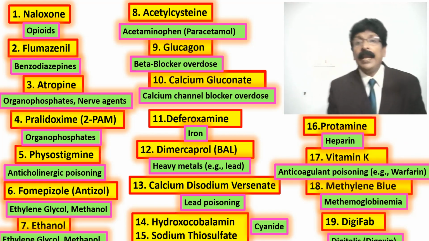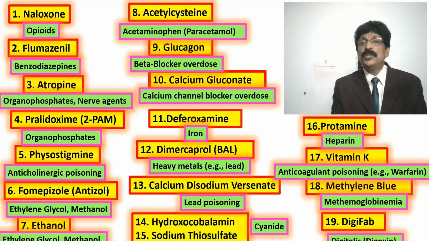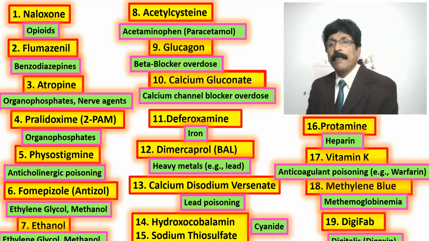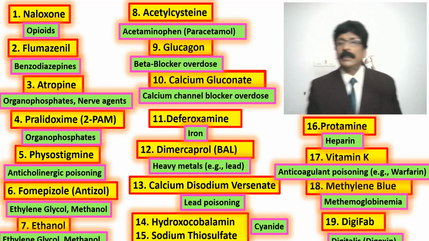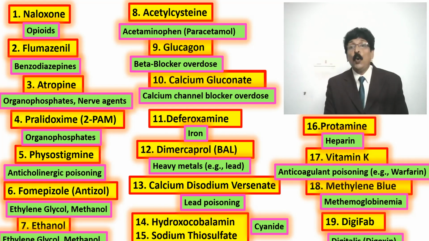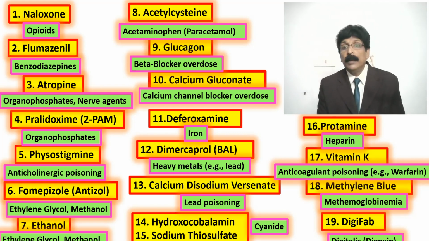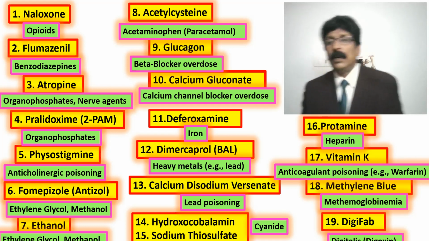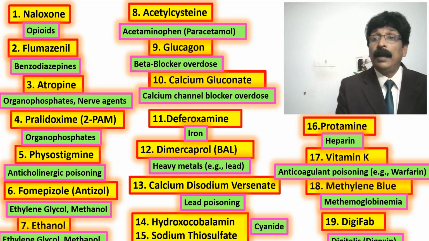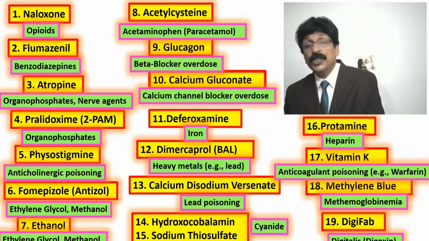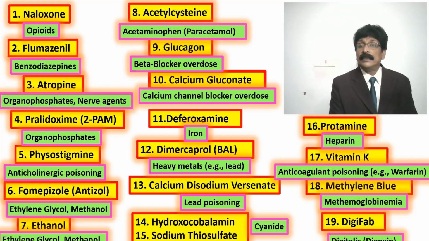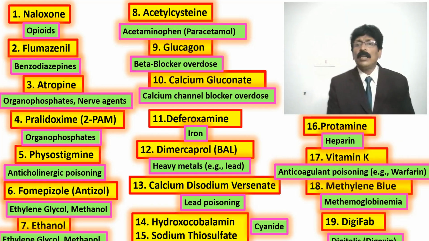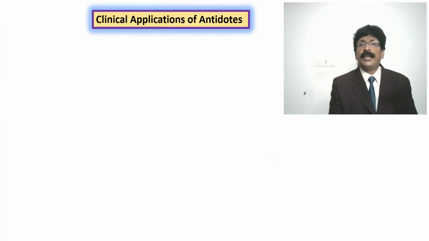Vitamin K is used for anticoagulant poisoning, warfarin poisoning. Methylene blue is used for methemoglobinemia, and DigiFab is used for digitalis, digoxin poisoning. So these all are some of the examples which we have taken.